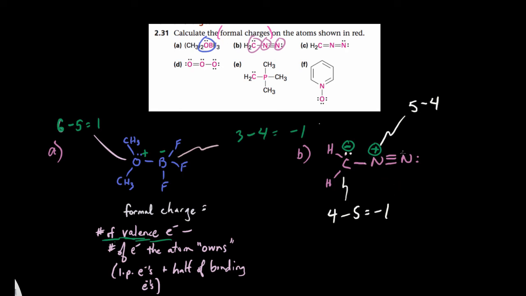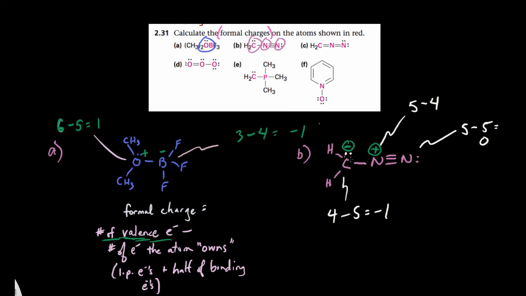And then let's look at this one. 5 valence electrons for nitrogen minus 1, 2, both lone pairs, and then 3, 4, and 5 from these bonds. So 5 minus 5 is 0, so that has no formal charge, and we don't indicate neutral formal charge with a sign.